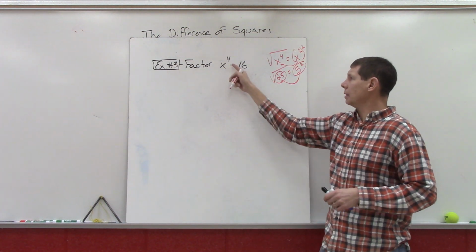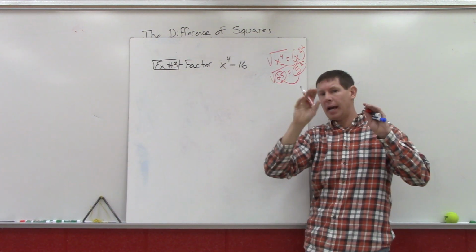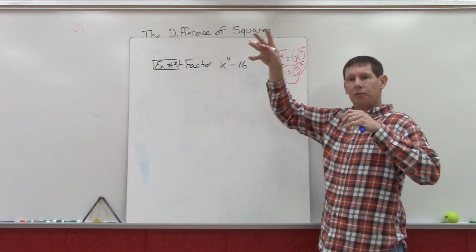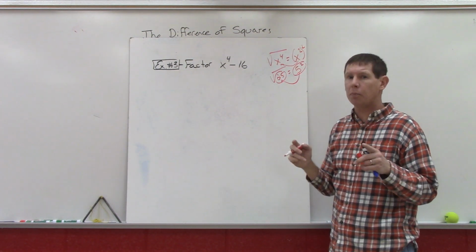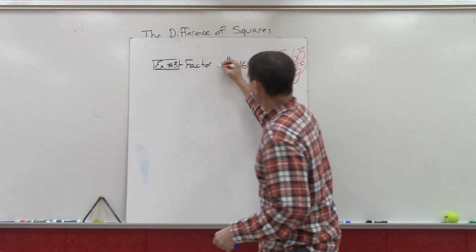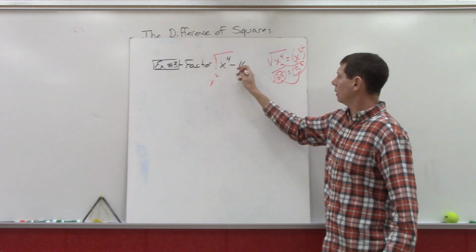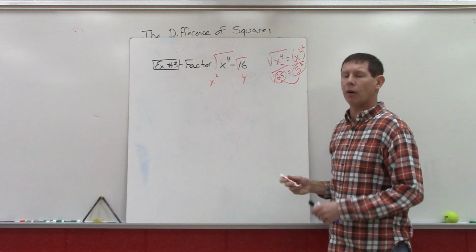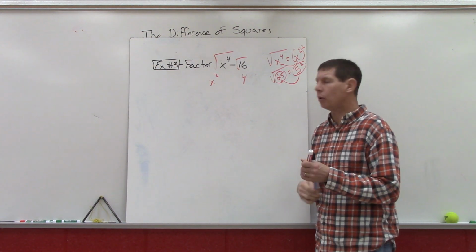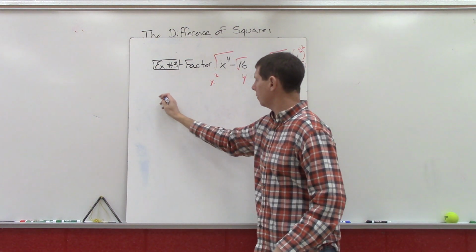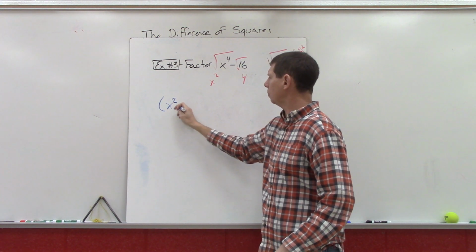So we have to recognize anytime we have an even exponent floating above a variable, that's always a perfect square. So when I take the square root here, I get x squared. When I take the square root of 16, we get 4.